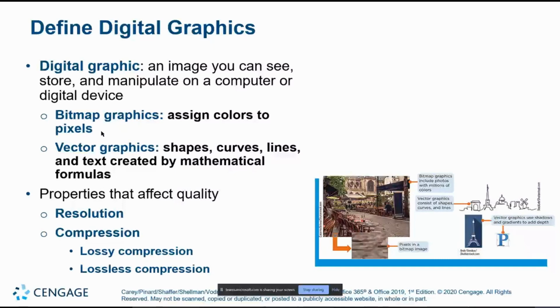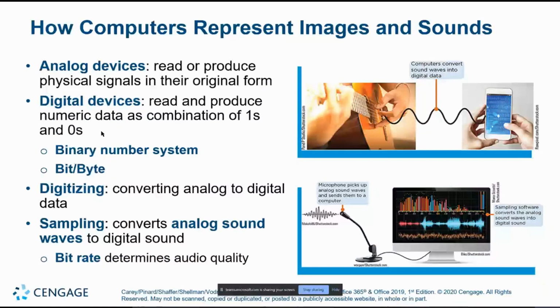Looking at audio, or really any kind of media, you have analog and digital. And analog is exactly what you're used to. If you look at old TVs or old radios, this handles physical signals.